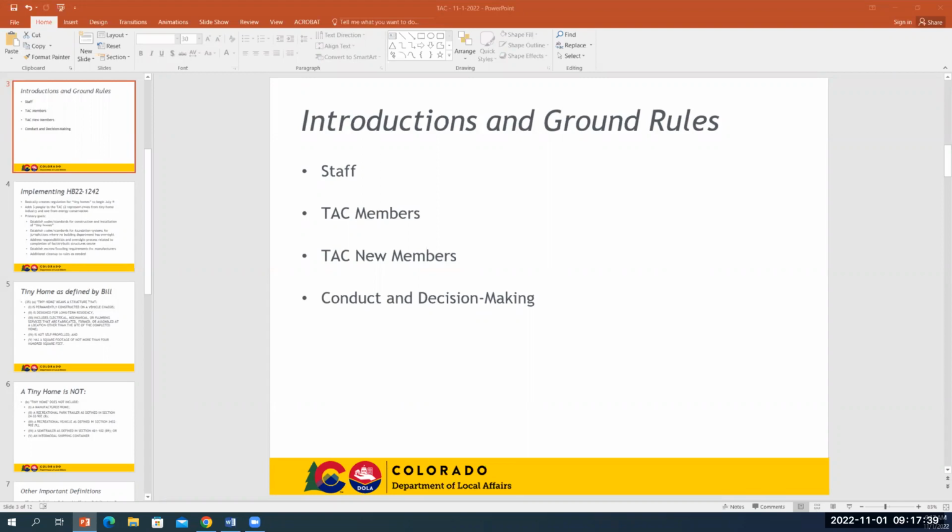My background is 25 years in government as a county administrator, city manager, and 25 years as a developer. So I've sat on both sides of the desk on these various issues and looking forward to working with the committee as it promulgates the rules and regulations for tiny homes. Thank you, Dan. Appreciate that. Thank you for joining us.